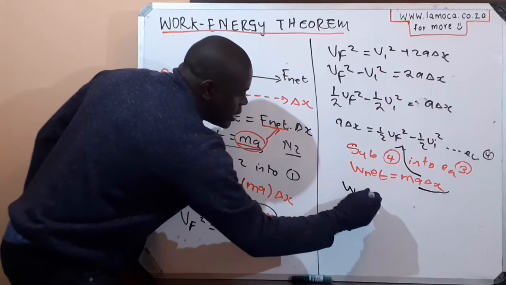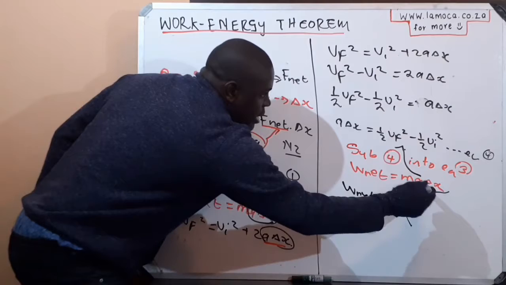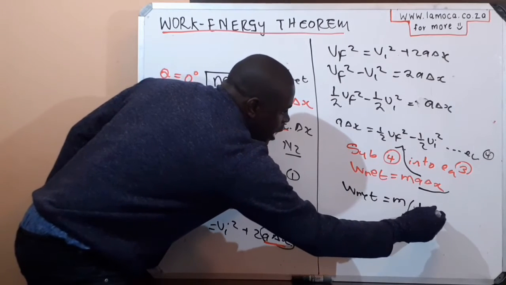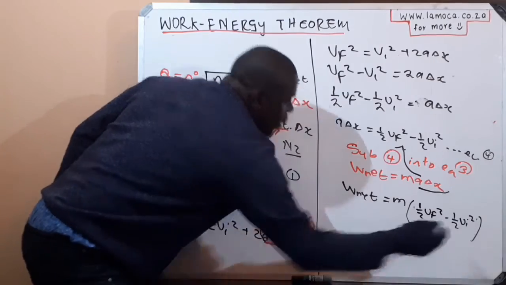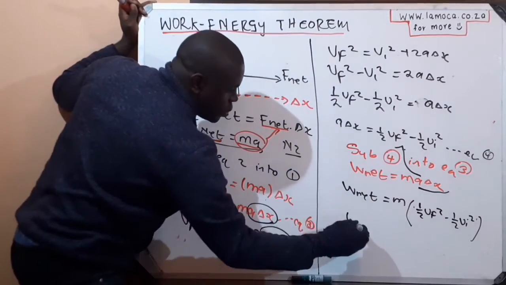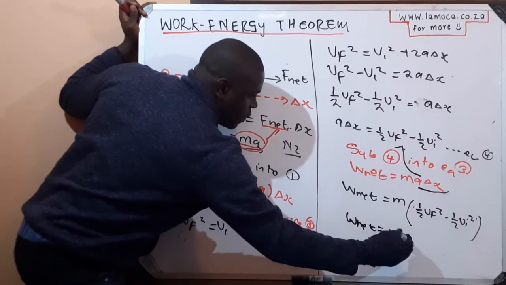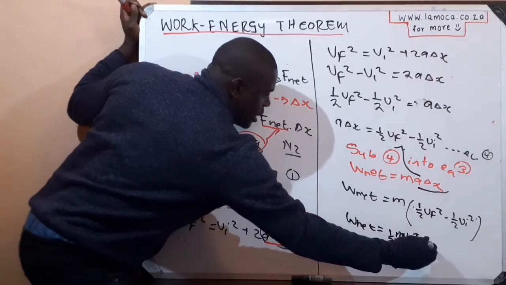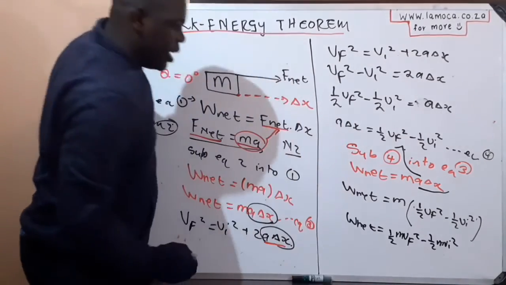So my work net is going to be m, but a delta X is half Vf squared minus half Vi squared. Very interesting stuff. Now I can remove the brackets. I've got work net is equal to half of m Vf squared minus half of m Vi squared.